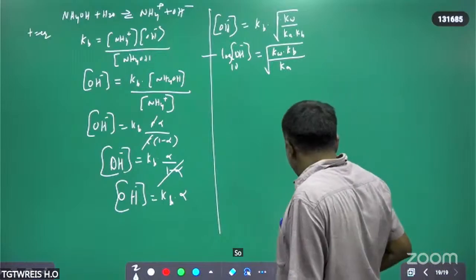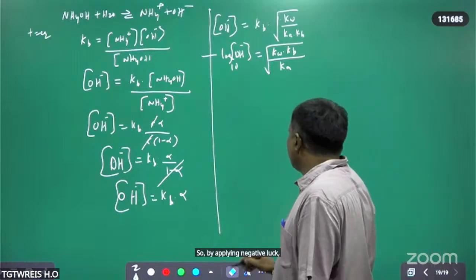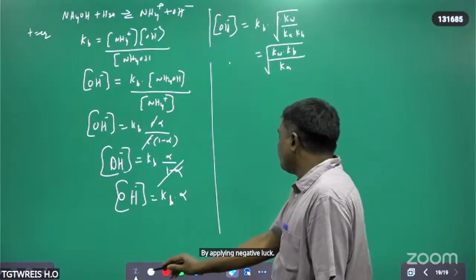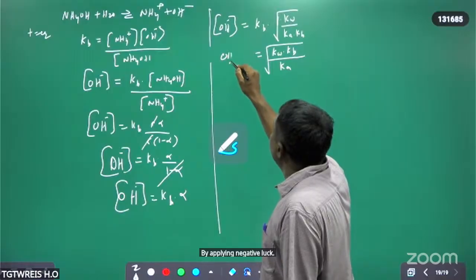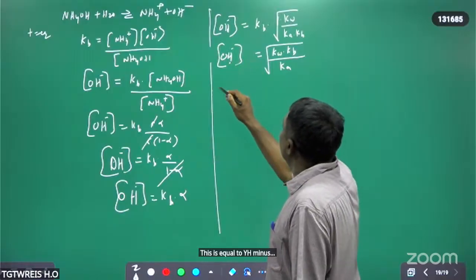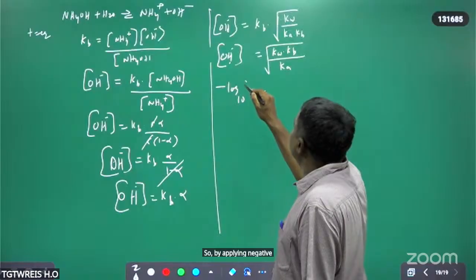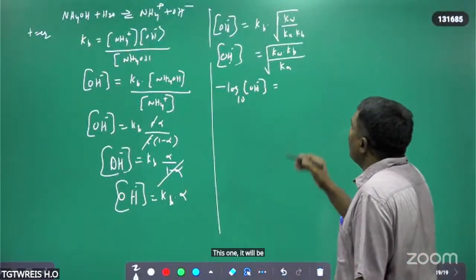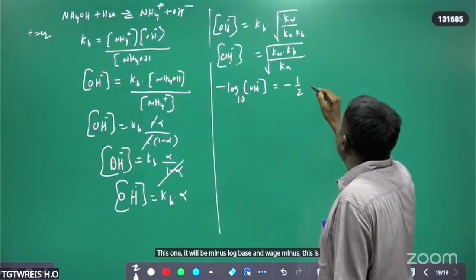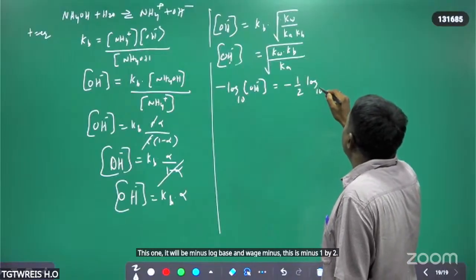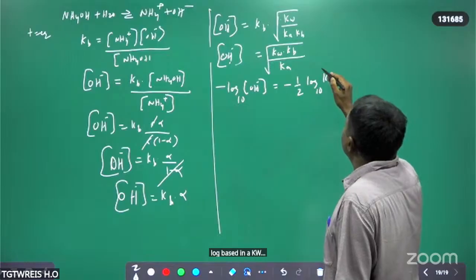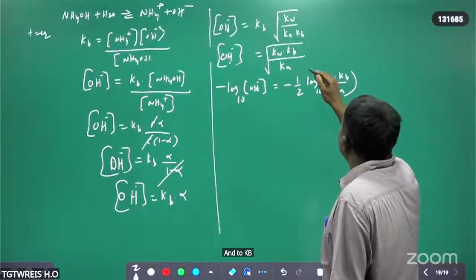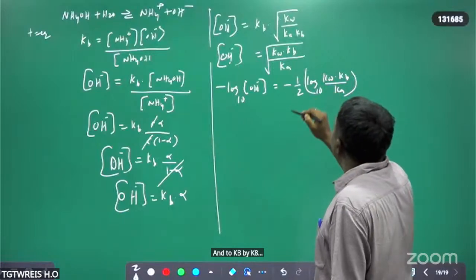So by applying negative log, this is equal to OH minus. So by applying negative log of this one, it will be minus log base 10 OH minus. This is minus 1 by 2 log base 10 Kw into Kb by Ka, minus log base 10.